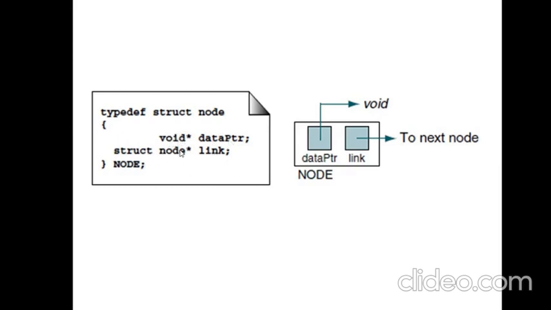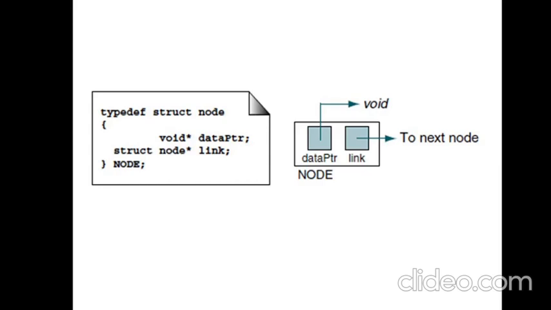One more point I want you to note down is that I previously mentioned this is called a self-referential structure, and you can see here that the link field is declared with the data type of itself. What is the data type of a pointer? How do you determine the data type of a pointer? The data type of a pointer is based on what value it is going to point to.